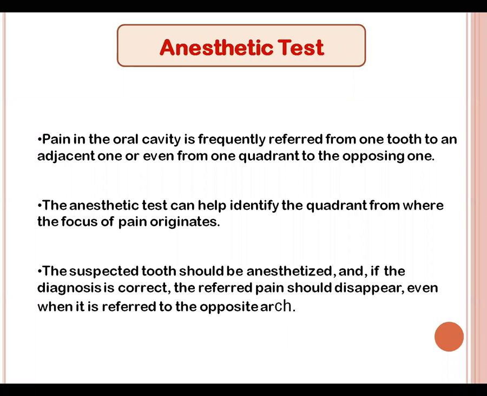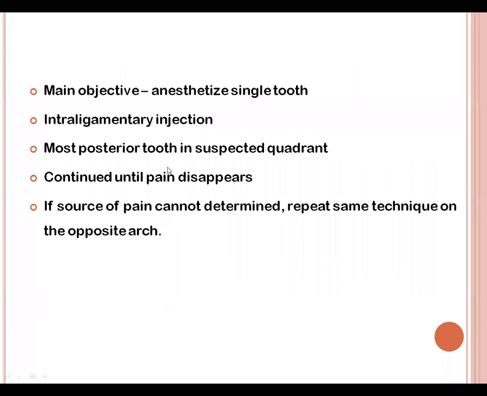If the pain is maxillary, again you will start infiltrating from the upper third molar and then come towards the central incisor in that quadrant, and this way you will come to know which tooth and which quadrant is involved in the pain. This is anesthetic testing for you.